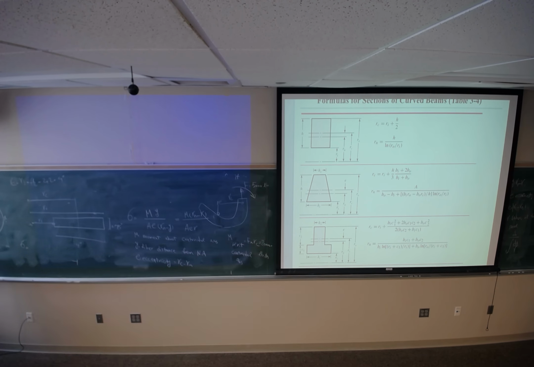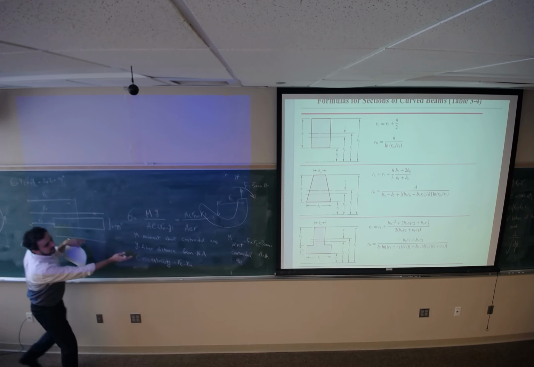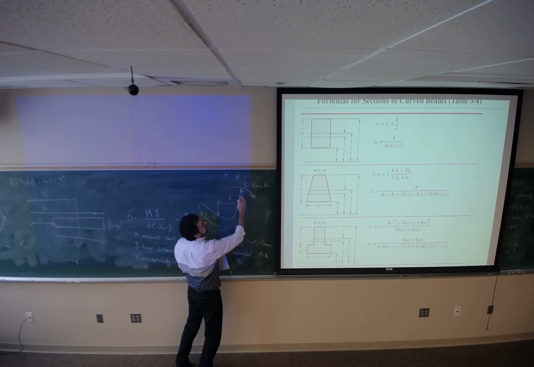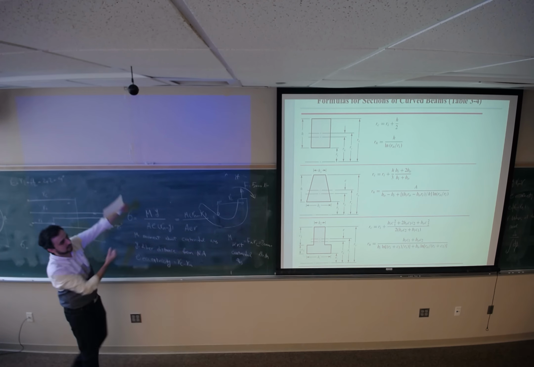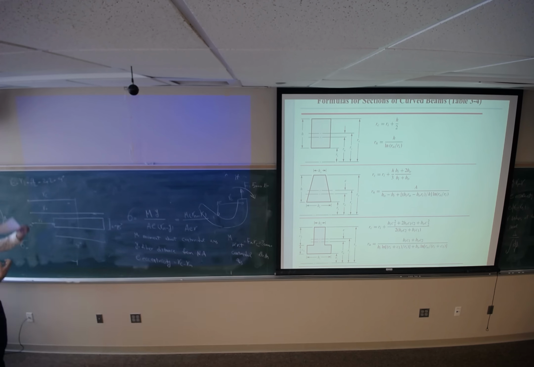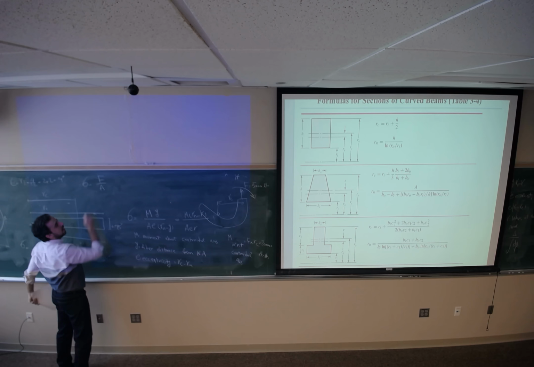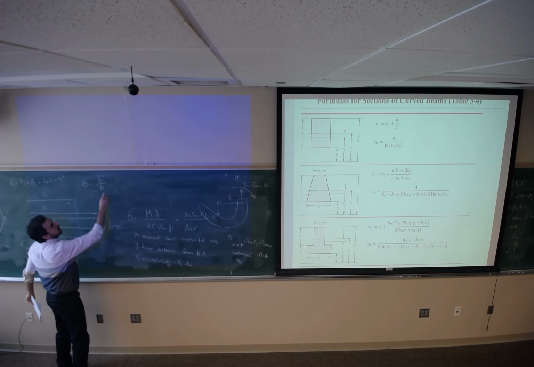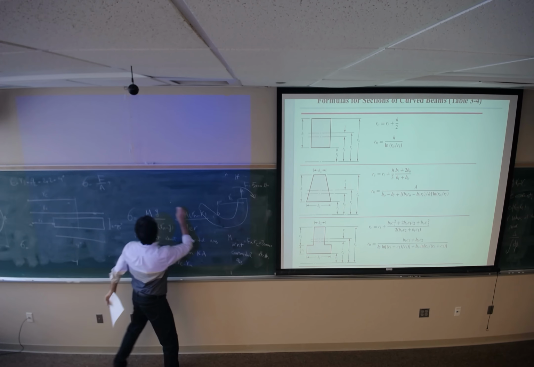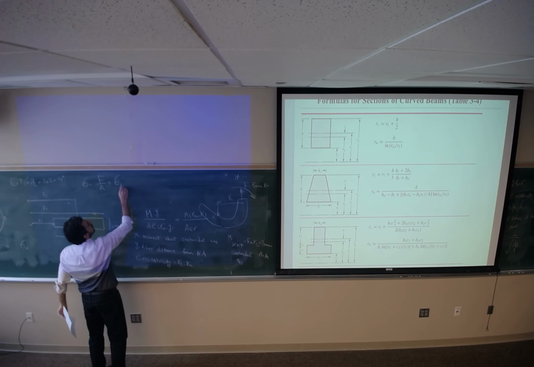So now this cross section is under this force. This tensile force is going to make tensile stress. So sigma would be force divided by the area plus sigma due to the bending moment.